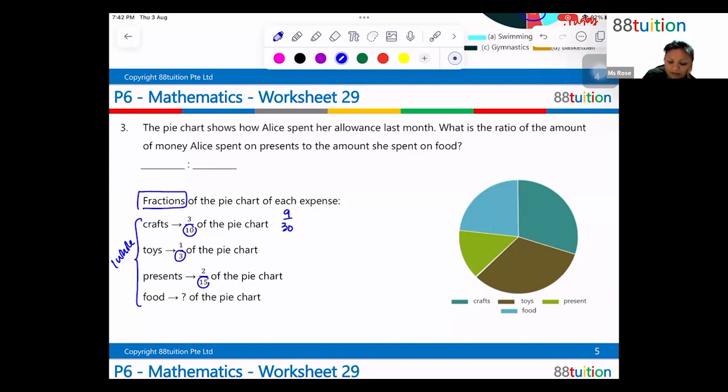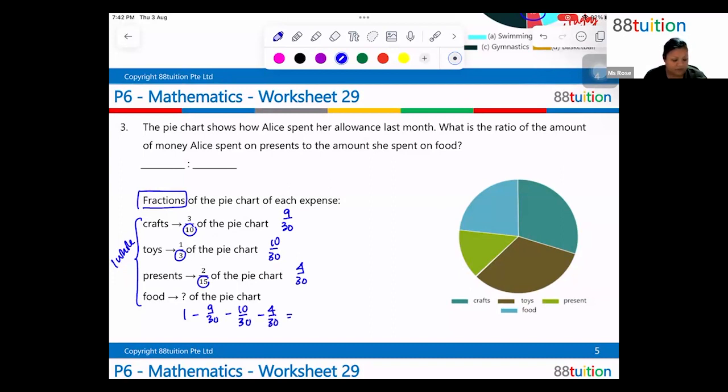Then you have 10 over 30, 4 over 30. And the last one would be the food: 1 whole minus 9, 10, and 4 gives you 7 over 30. Okay, 7 over 30. So what is the ratio of the amount of money Ellie spent on the presents to the amount she spent on food?